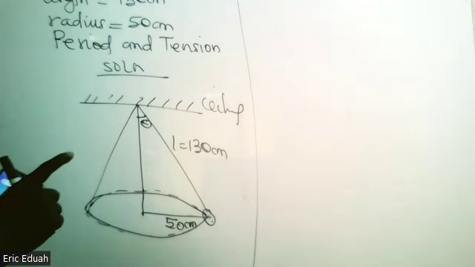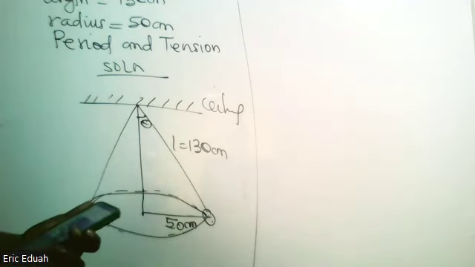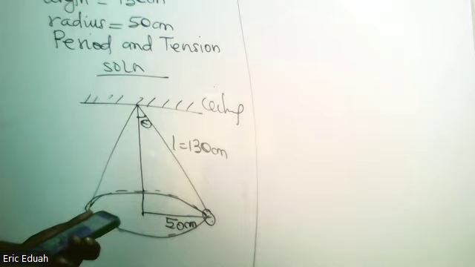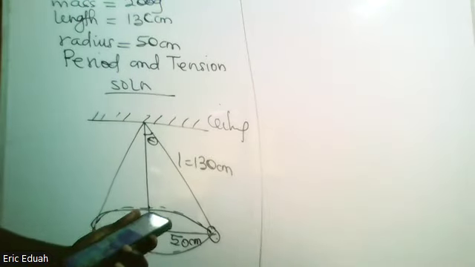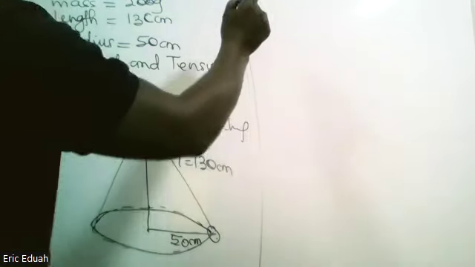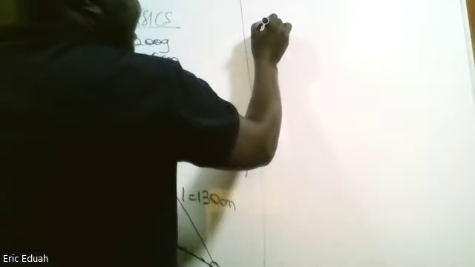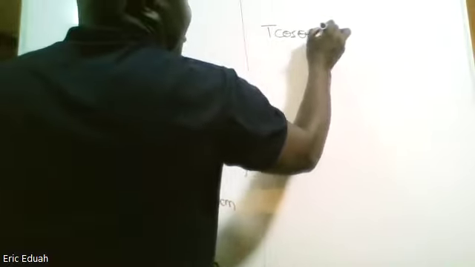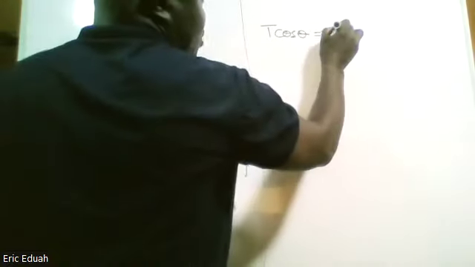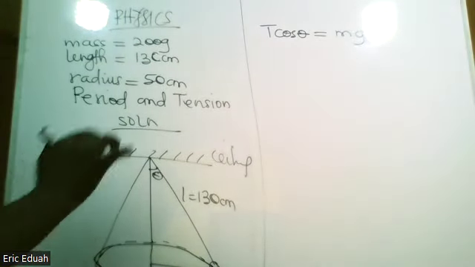How do we determine the period? And how do we determine the tension in the string? One basic relation we learned from conical pendulum is that T cos theta, the vertical component, is always balanced by the weight, mg.